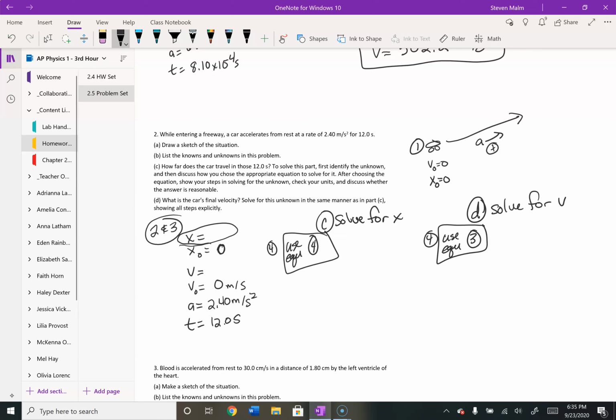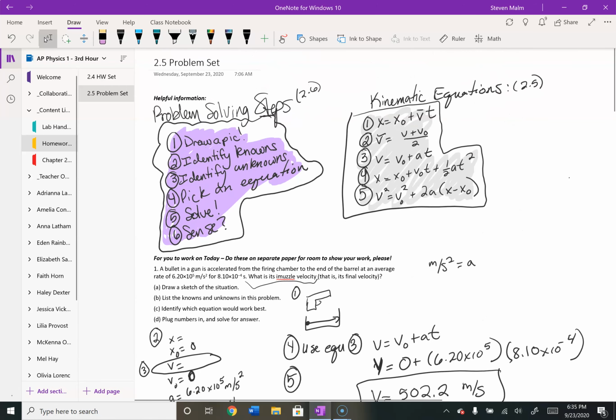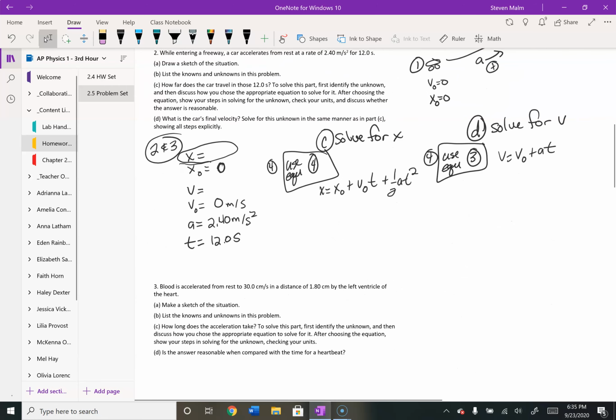How not confusing is that? Equation 4 is x equals x naught plus v naught t plus 1/2 at squared. Equation 3 is v equals v naught plus at. Okay, so now part 5 is to plug and chug.